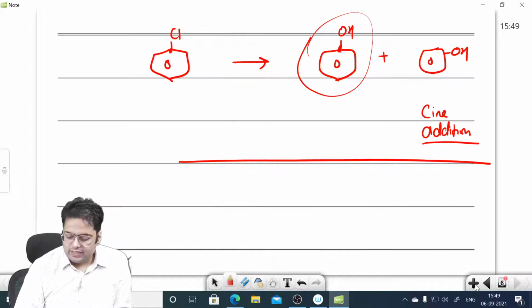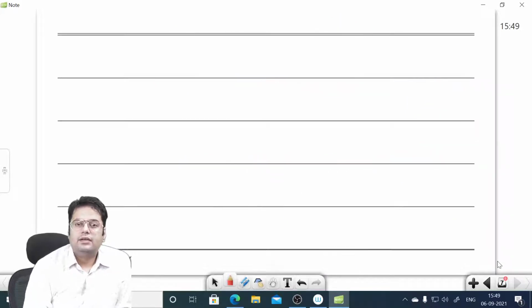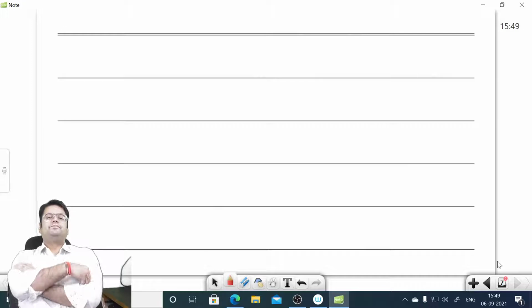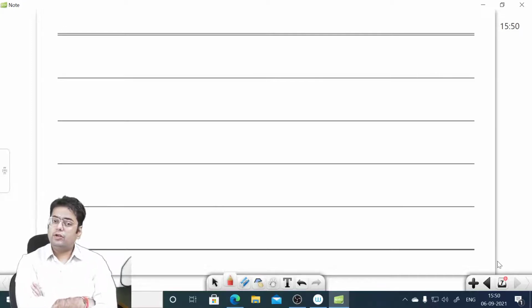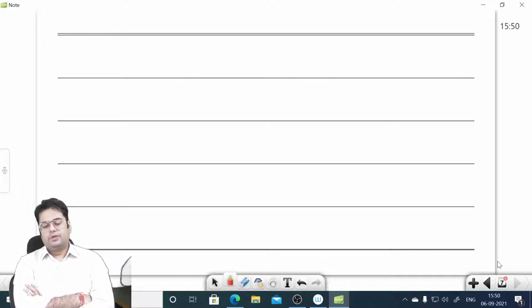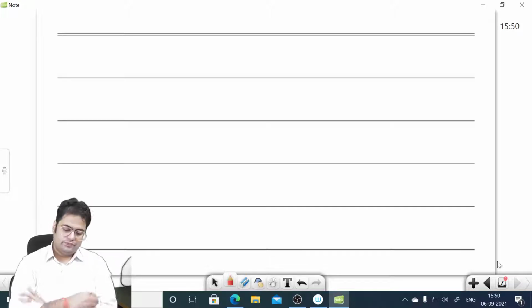We do have the SN1 mechanism also, because now we are talking about nucleophilic substitution in aromatic compounds. So, sir, yes, we can think of the SN1 mechanism, but how can we achieve SN1 or nucleophilic substitution in aromatic compounds?